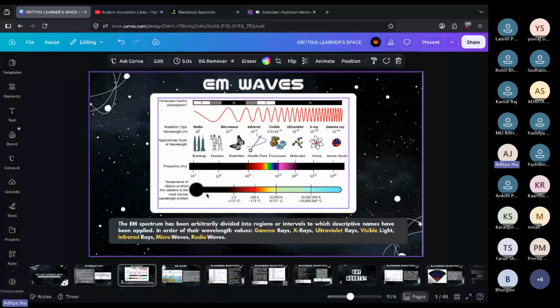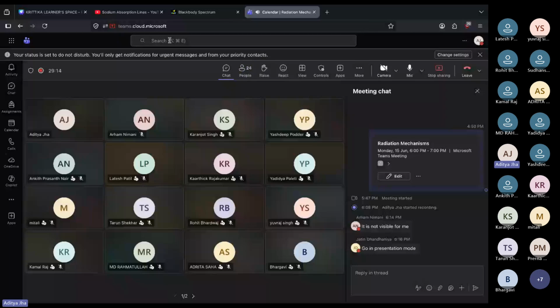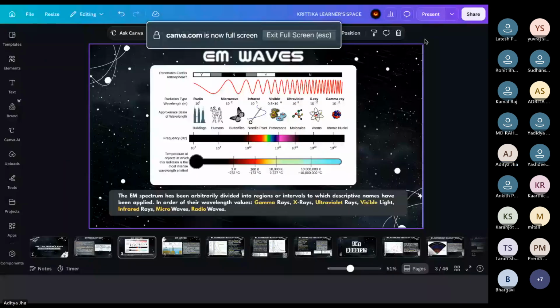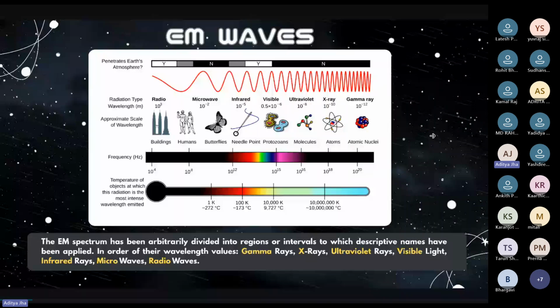As you increase the temperature of that source, the maximum intensity waves will come from the smaller wavelength EM waves. You can see here that as we increase the temperature, the most intense waves will be coming from smaller wavelengths, and this comes from Wien's law, which we will talk about in the upcoming slides.